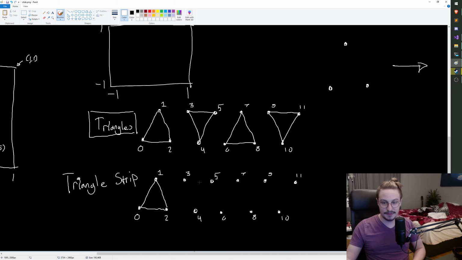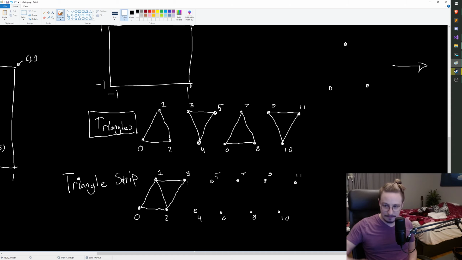So, 0, 1, 2, it won't take 3, 4, 5. Instead, it will take the last 2 from the last triangle. So we'll start, in this case, with 1, 2. Those are the last 2 vertices of the last triangle. And then I will step 1 further and make a triangle out of that. So 1, 2, 3 becomes the second triangle.